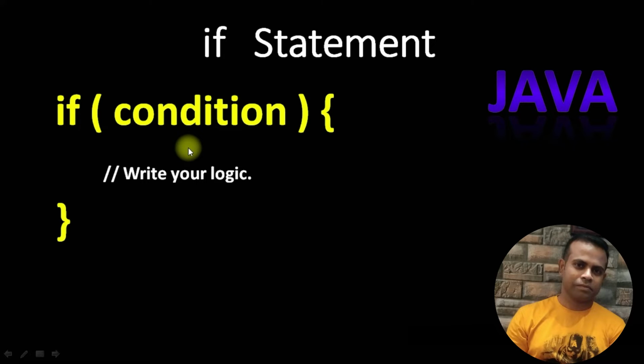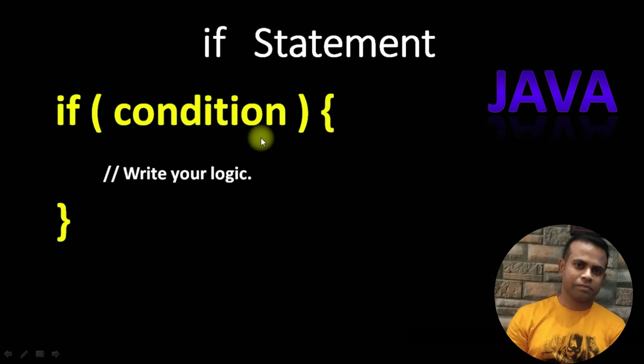So definitely if a number is greater than 0 we can consider it as a positive number, right? So we can write a condition: if a number is greater than 0, then we can write a statement this number is a positive number, right?